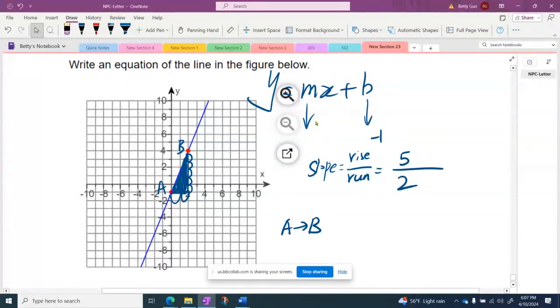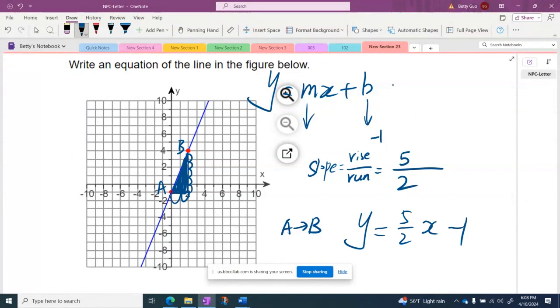Slope is 5 over 2. So once we have the values for the slope and the y-intercept, we are able to find the equation for the straight line. It is y equals 5 over 2 x minus 1. Do not use a decimal again. Read the instructions. I know 5 over 2 is 2.5, but we do not use 2.5.